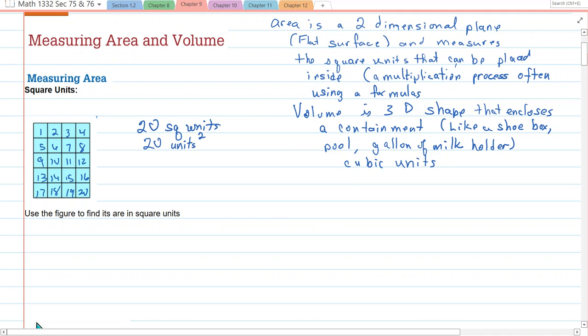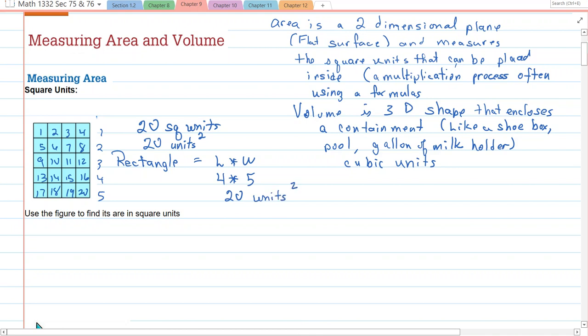Well, we know that this is some kind of a rectangle. The area for a rectangle is length times width. So we have 4 times 1, 2, 3, 4, 5 rows in measurement. So we have 20 units squared.